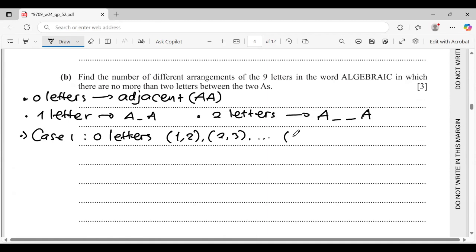If you continue to find, there are eight ways. So there are eight ways of placement.